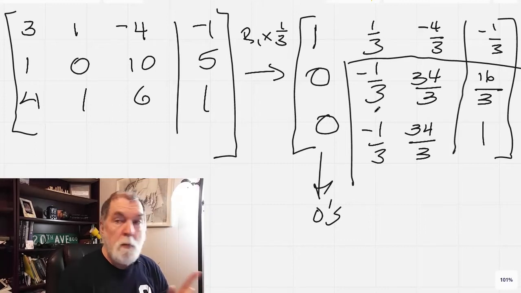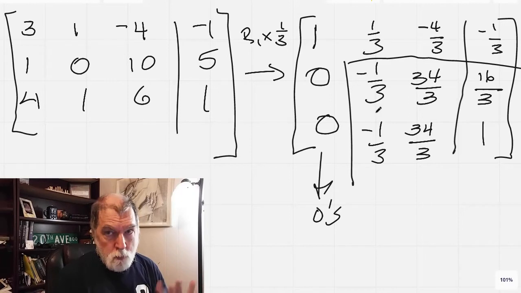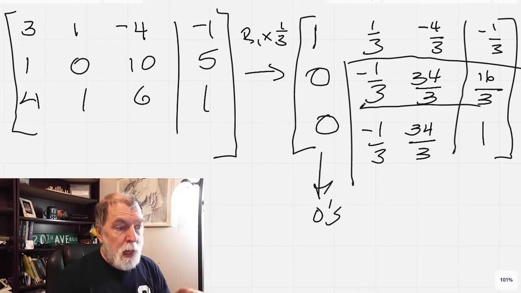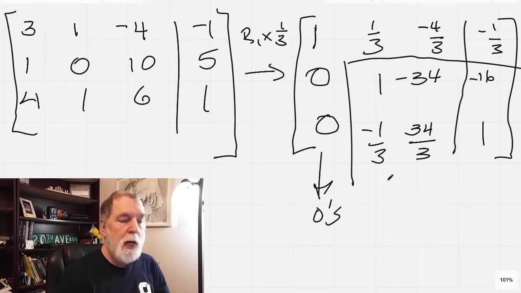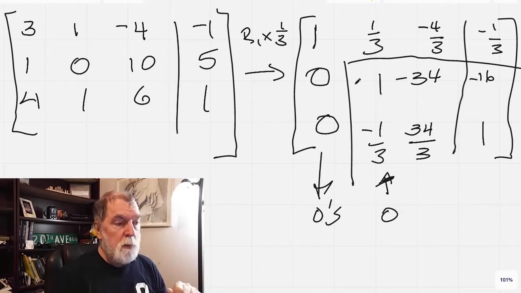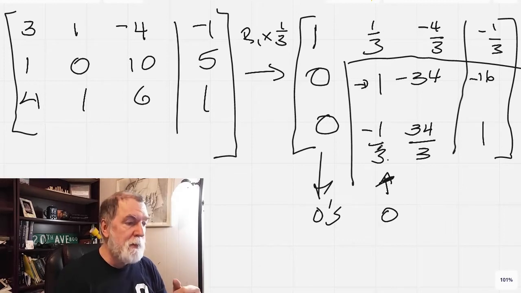We'll multiply this whole row by -3 so that we get a 1 up here. And now we want this to be a 0. We'll multiply this row by negative a third and then subtract that from this bottom row. So negative a third minus negative a third, that's going to be 0.